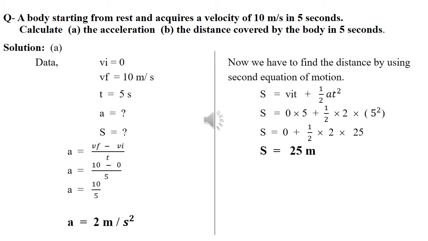So S equal to 0 multiplied by 5 equal to 0, plus 1 upon 2 multiplied by 2 multiplied by 25. 25 from where? Yes, 5 fives are 25, because 5 is squared. When we solve it, 2 cancels by 2 and we have only 25. So distance covered by the body is 25 meter.